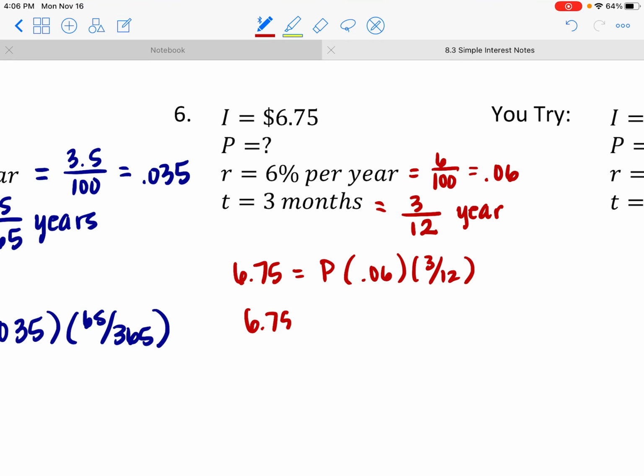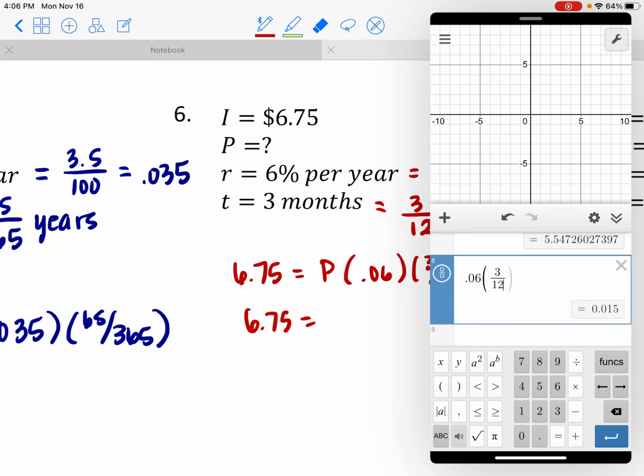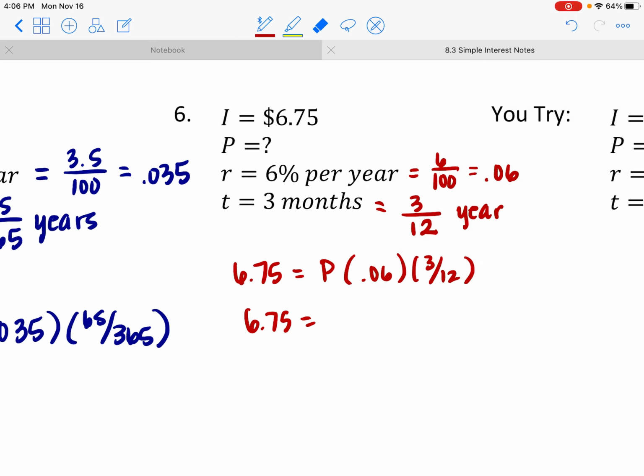So we need to do a little bit of solving on this one. First, let's go ahead and multiply 0.06 times 3/12ths, and again, totally okay to not reduce. You get 0.015, so we have 0.015 in front of our principal. So if we want to solve, we're going to have to divide that amount over. So divide by 0.015.